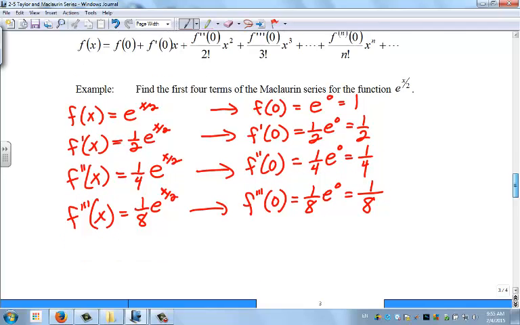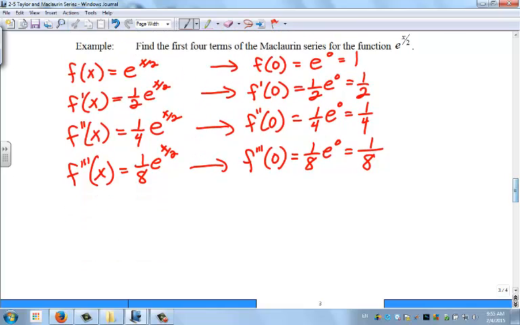Now that you have all of those, we're going to actually do our Taylor polynomial. So now we say e to the x over 2 is approximately equal to, that's what the squiggle equal sign means, and we're actually going to generate our polynomial. It's the same formula, right? It's f of 0 first, so it's 1, and then it's f prime of 0, which is 1/2, times x to the first power over 1 factorial. 1, 1, 1, they all match.